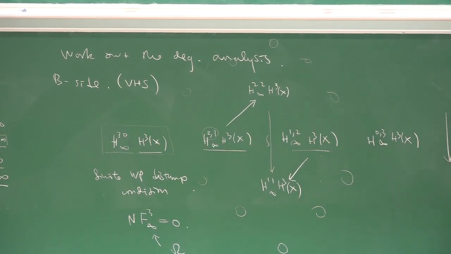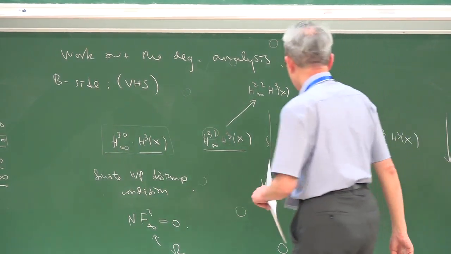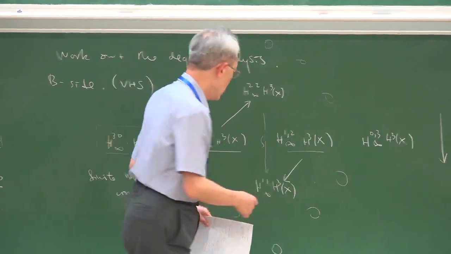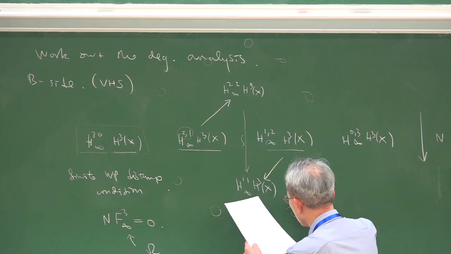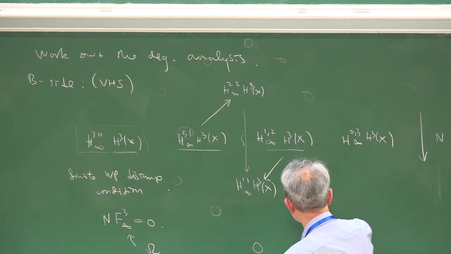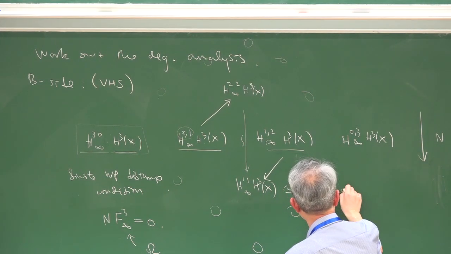By the way, you have this Hodge diamond, and you do some calculation. In order to get this picture, you will figure out this is exactly isomorphic to the space of vanishing cycles.